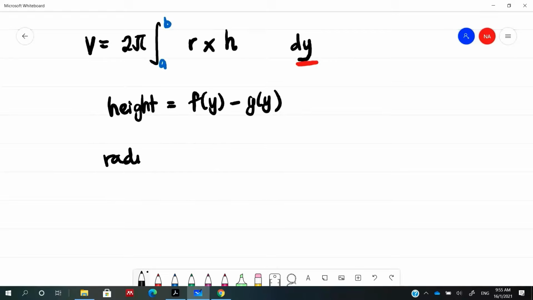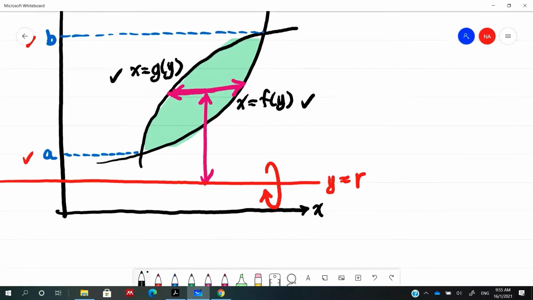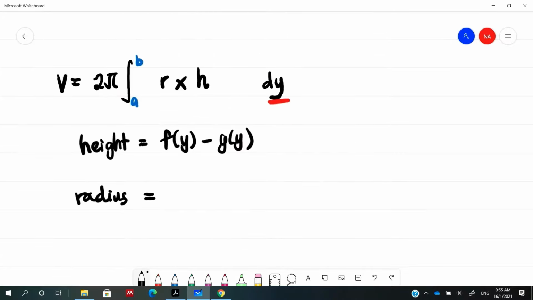Now we're going to look at the radius. Of course it should be in terms of y. So this is the height, which is right minus left. Sorry, this is the radius. I'm talking about the radius. Because the region is at the top of the axis, it should be y minus the axis.